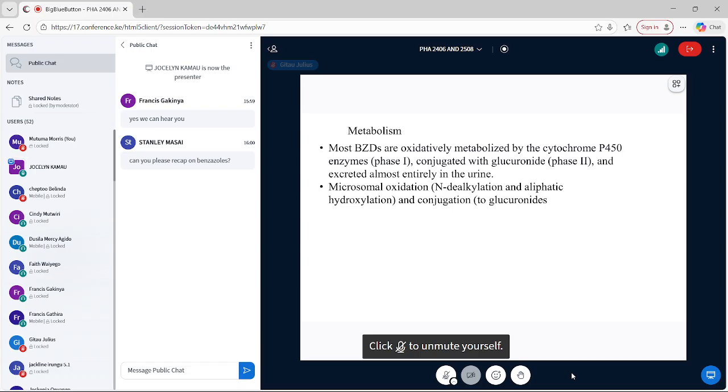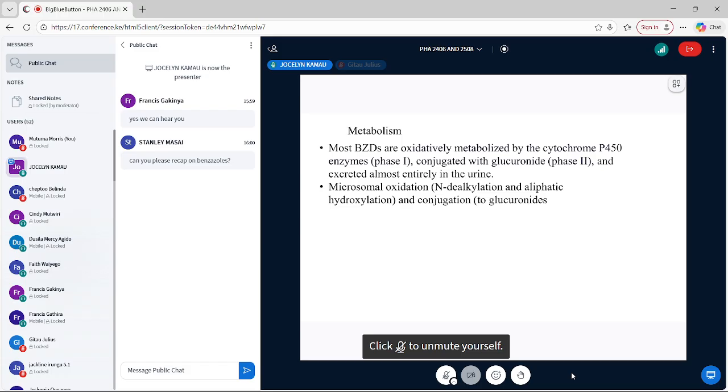Then I did mention yesterday that the benzodiazepines are also classified as per their duration of activity. But their duration of activity, unlike the barbiturates, is because of their metabolic process. Those with a long metabolic process to give active metabolites, like diazepam to nordiazepam, which is active, to oxazepam, which is active, have a longer duration of action.